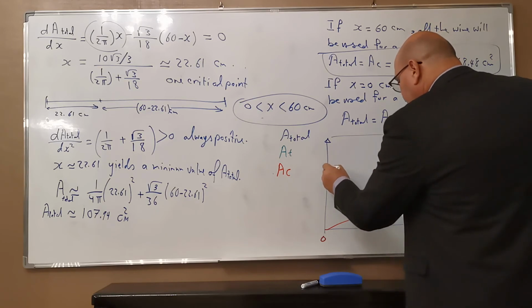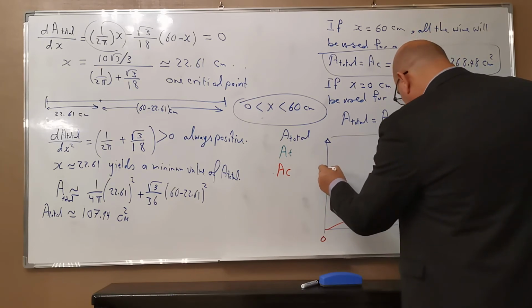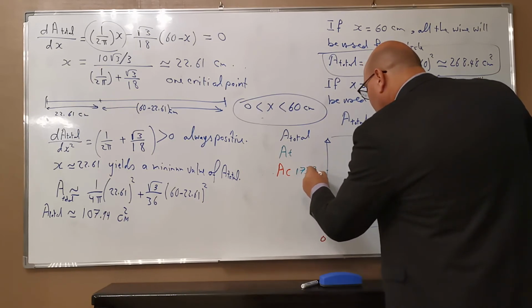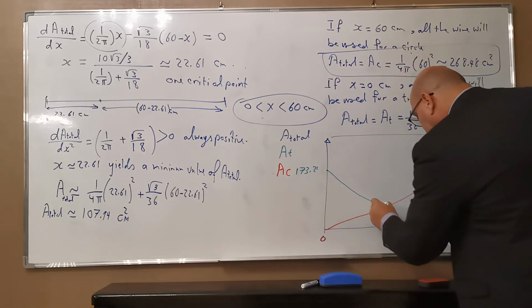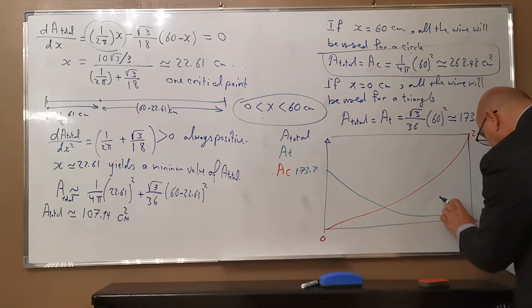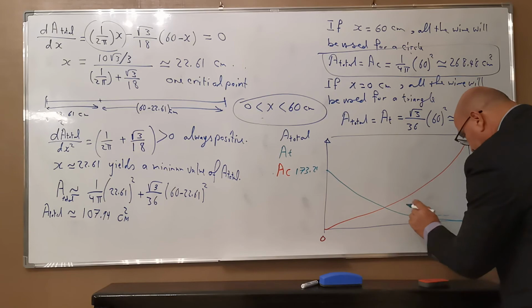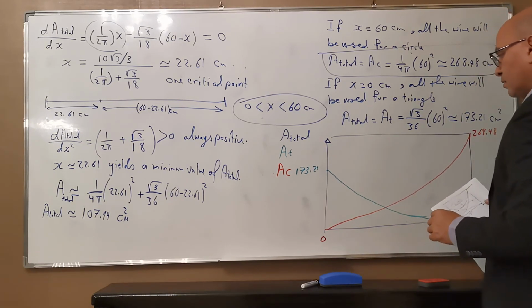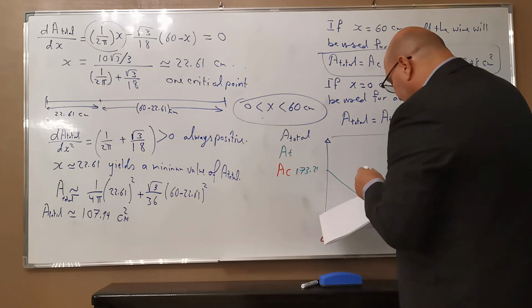it will start from somewhere here, 173.21, and it goes down like this. The blue color is their summation.